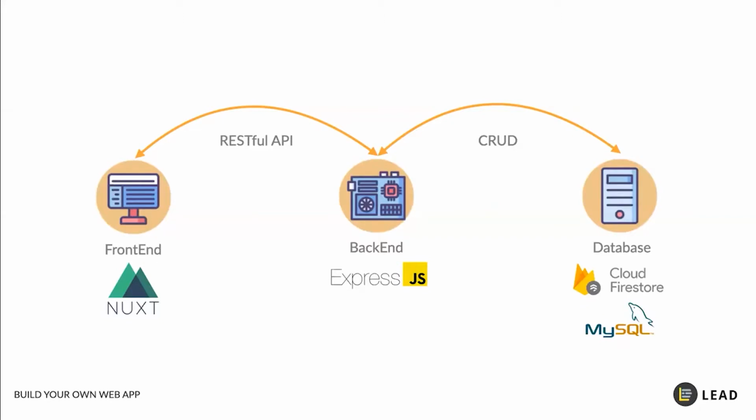So I repeat again: C is to create, R is to retrieve, U is to update, D is to delete. You will need to perform these CRUD processes when you want to inject data, retrieve data, update the data, or even delete the data inside your database. So this is the next step, the database.